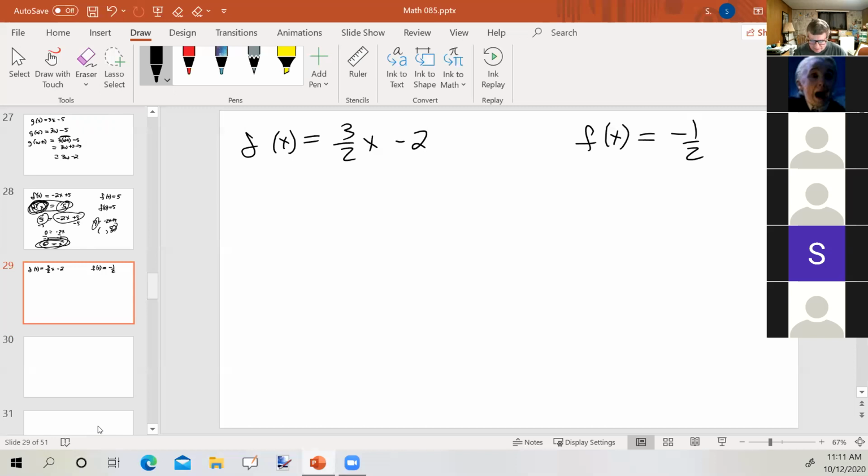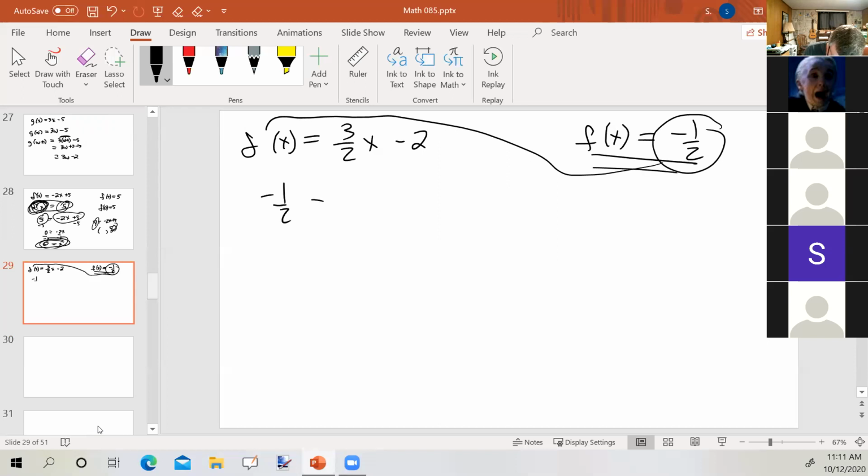So what would my next step be? We would put -1/2 in the place of f of x because it says f of x is -1/2.